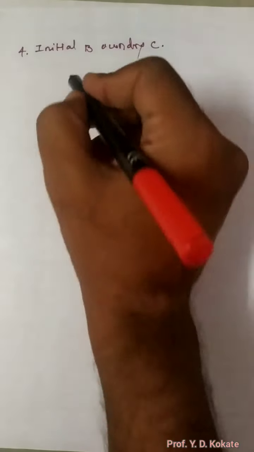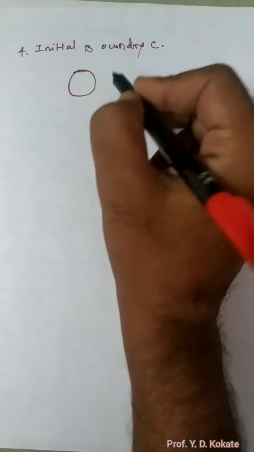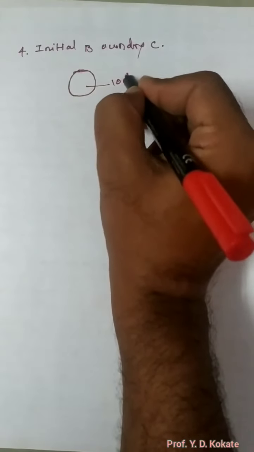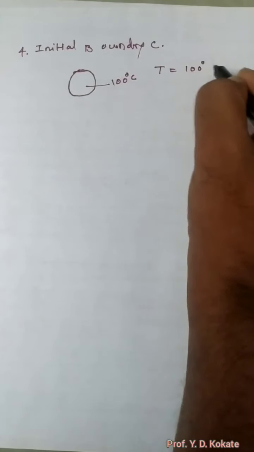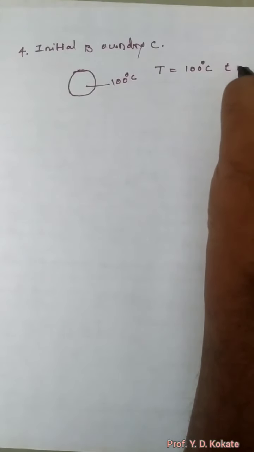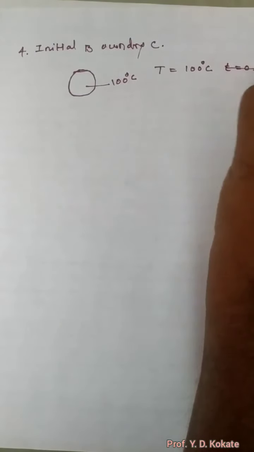So let's say this is one ball which has a temperature of 100 degrees Celsius. When time is equal to 0 second, I can write it down over here.